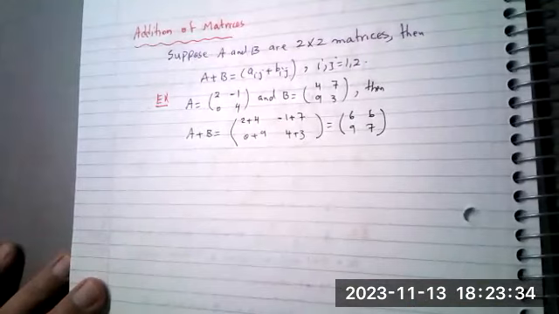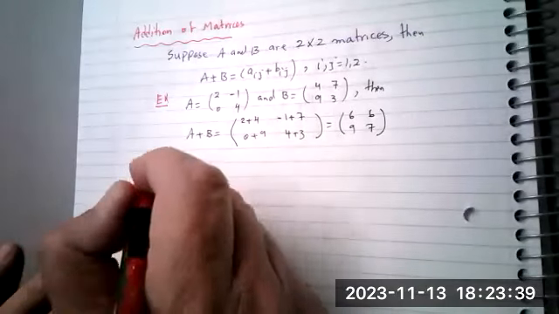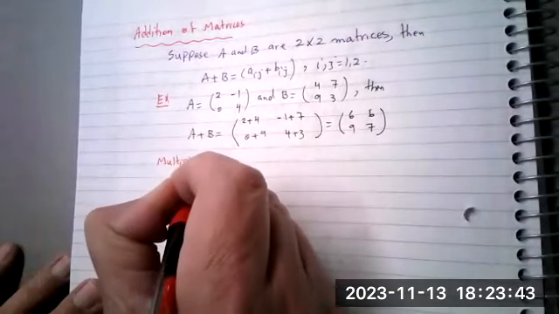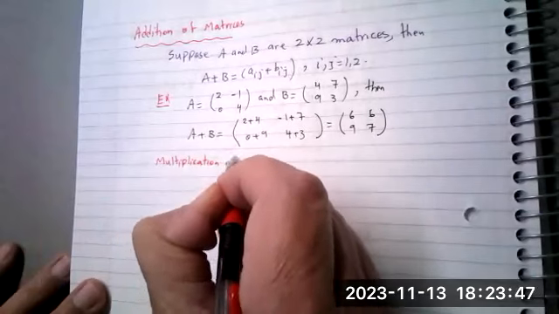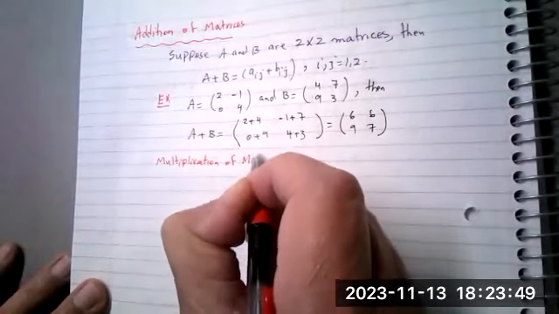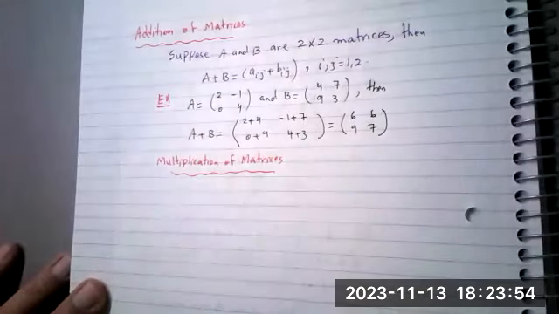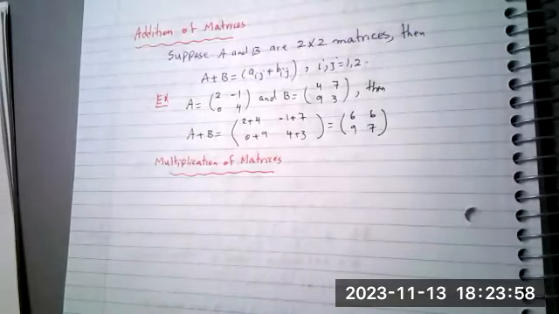Next, we need multiplication quite a lot. Okay, multiplication of matrices. That is different, you know, the matrix is a function. So if you want to multiply it, you have to find the composition of the function.